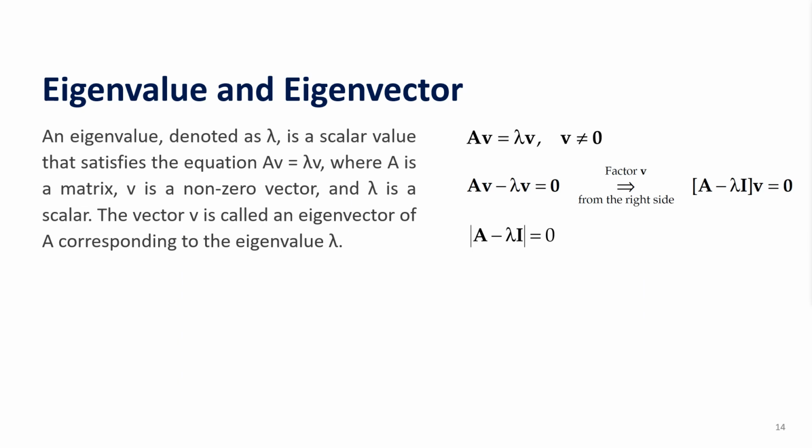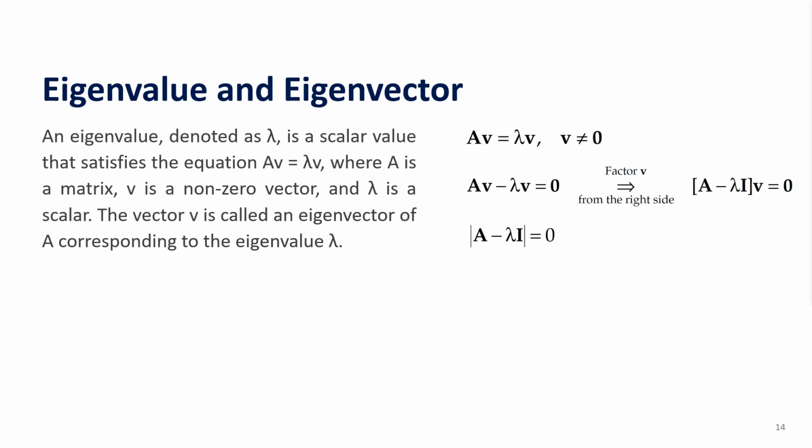In linear algebra, an eigenvalue and an eigenvector of a square matrix A, so you can calculate the eigenvectors and eigenvalues of a square matrix. The eigenvalue is a scalar, and the eigenvector is a vector, which respectively satisfy this equation on the right-hand side of the PowerPoint.